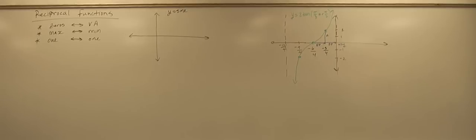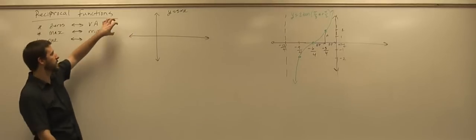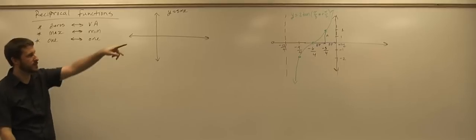So, we talked about this a little bit last time. Let me just give you one refresher of what I mean here, and then we'll move on to these examples.